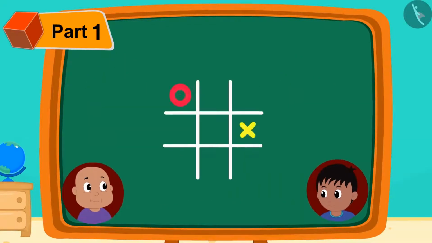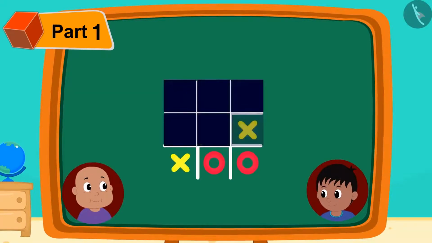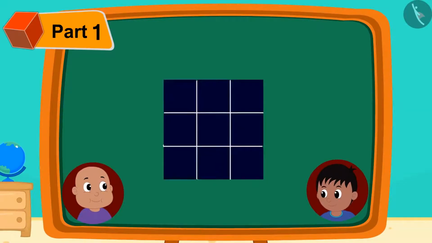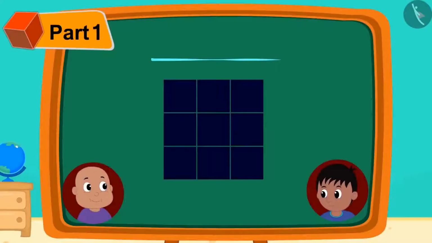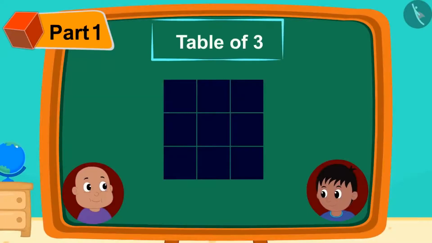Kids, do you know the game of cross and zero? Raju first designed the game of cross and zero in this way. He wrote the numbers from 1 to 9 in this pattern in the framework.